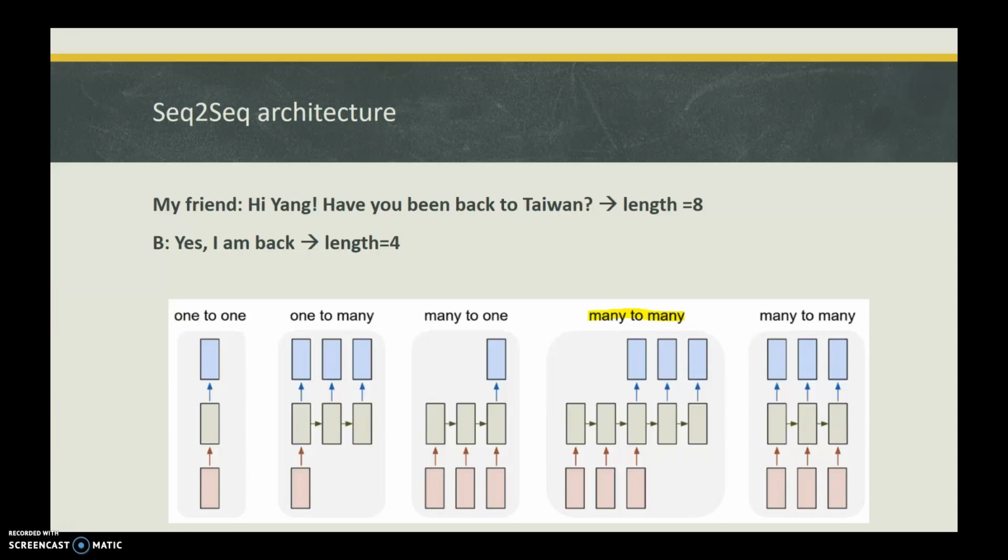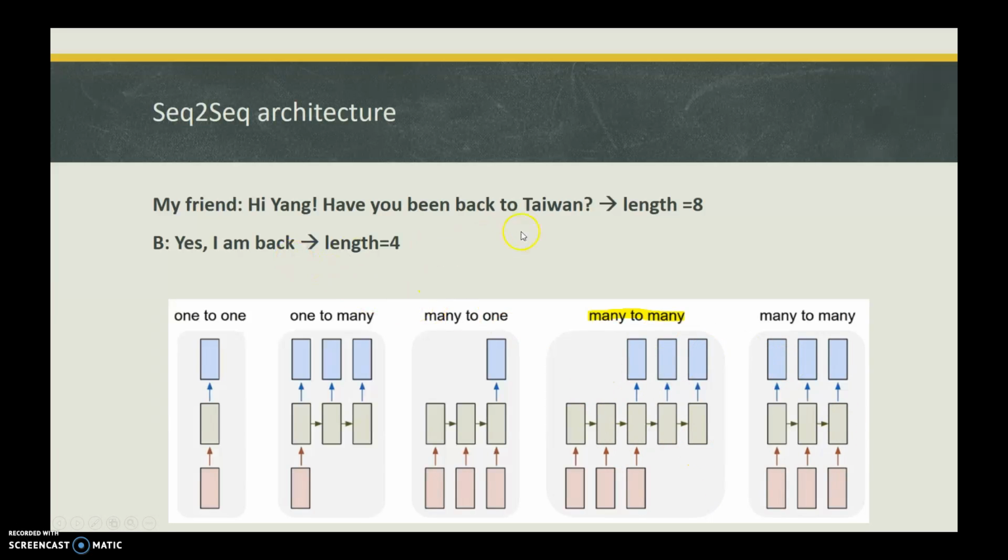So you may consider which is the most appropriate method to present this question and answer pair. You may choose one-to-one, one-to-many, many-to-one, and many-to-many.